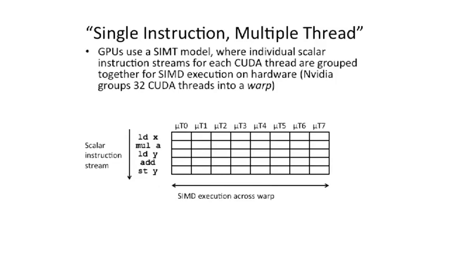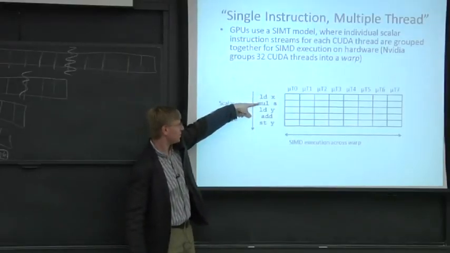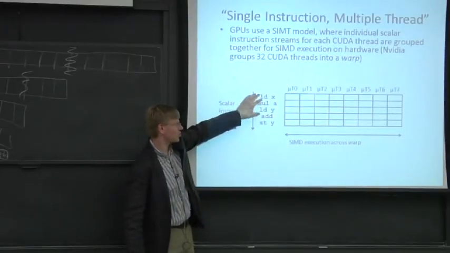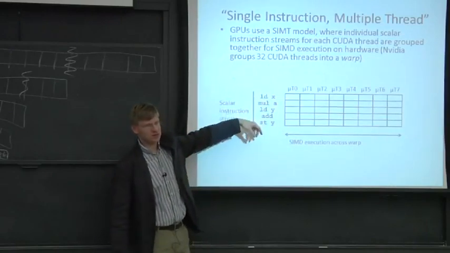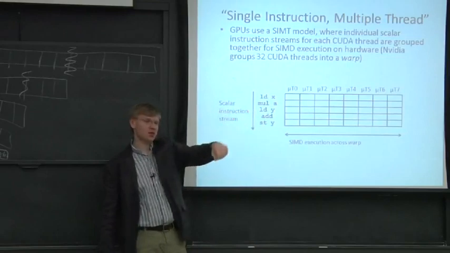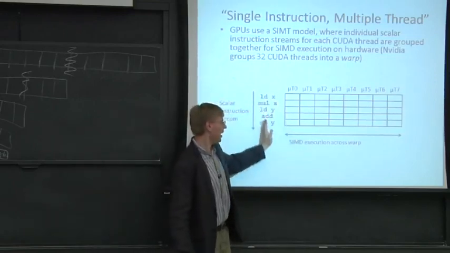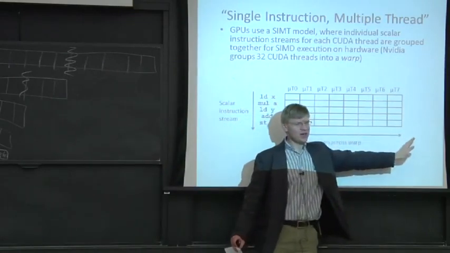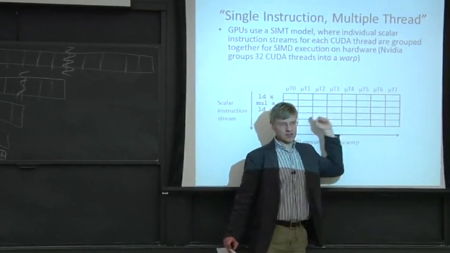So if we look at our example here, we do a load, some multiply, a different load, add, and a store. And that's our a times x plus y operation going on here. And across the other way, all these threads are doing the same operation, or effectively the same operation.